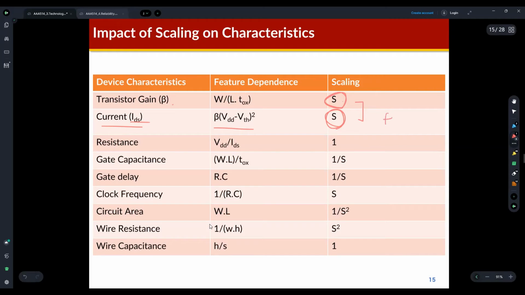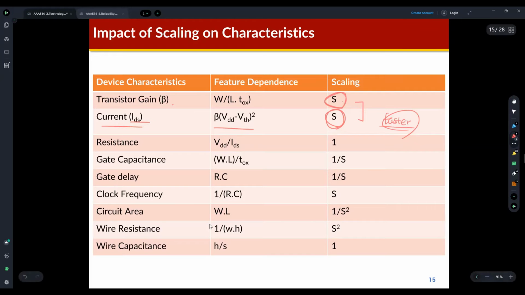So the device can run faster, which means we can increase the clock frequency, so we can make a CPU with higher performance.